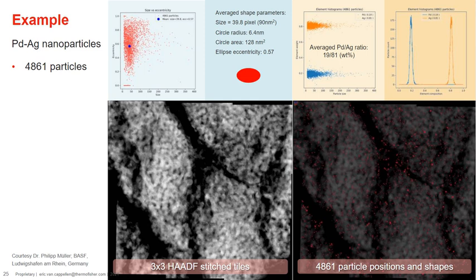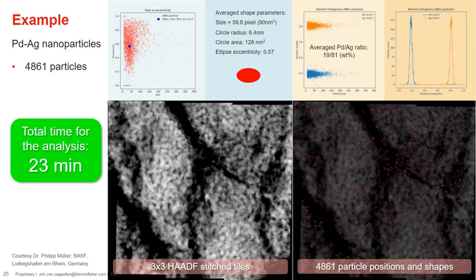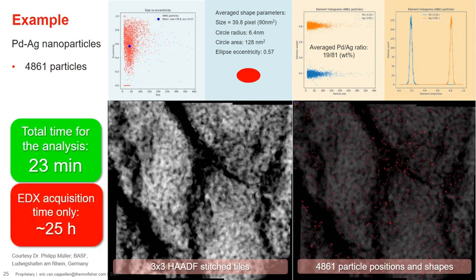And the whole thing, acquisition and analysis, took about 23 minutes. Obviously, a conventional approach to analyze 4,861 particles would have been prohibitively long. As a matter of fact, just the EDX acquisition would have taken 25 hours.